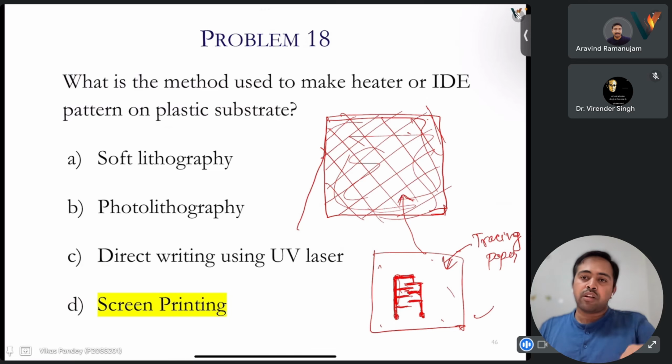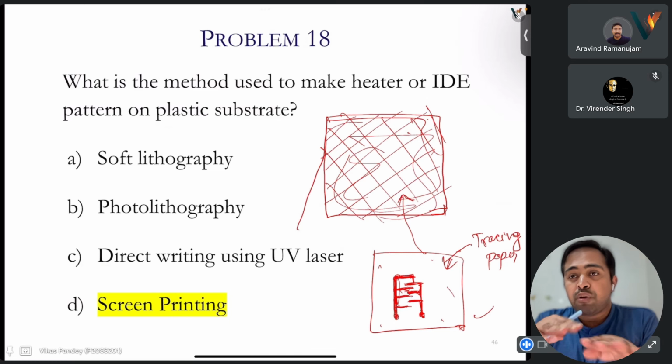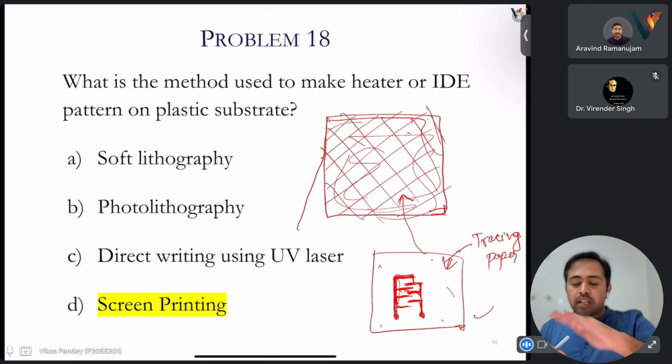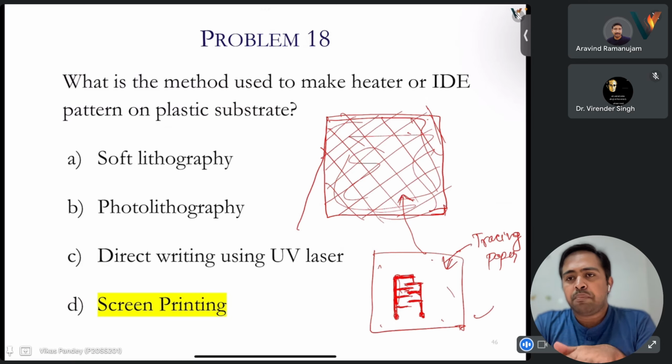Now this is put over paper or wafer, whatever you want, and then ink, say gold particles mixed in a suitable resin or oil, is put over it and squeezed. So a thin layer of that will form below it on the paper or wafer.